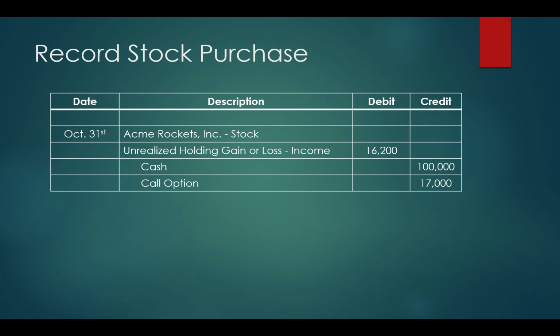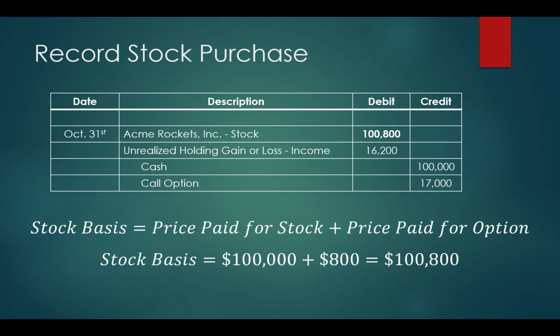The credit to cash and the call option account, as well as the unrealized gain, get rolled into the basis for Acme Rocket stock. We need to determine the debit amount for Acme Rocket stock to make debits equal credits. Doing the math, we see that the debit for the stock should be $100,800. Again, intuitively, this should make sense since Coyote paid $800 for the call option and $100,000 for the stock.